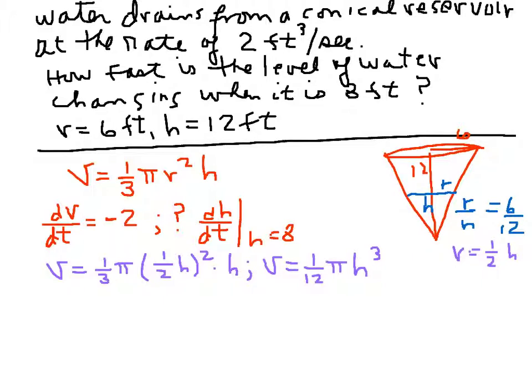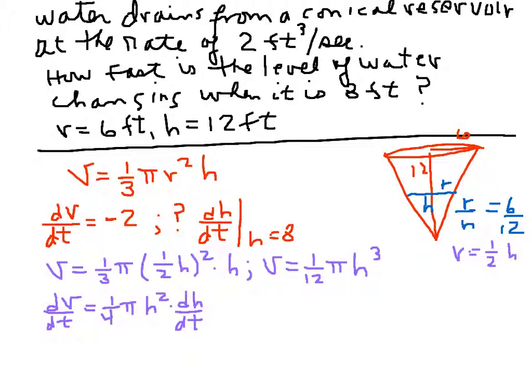So following the strategy, we now want to differentiate implicitly with respect to t. And so we get dV/dt is equal to 1/4 pi h squared times dh/dt.